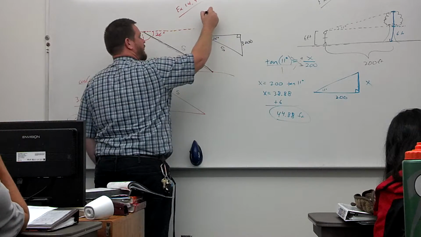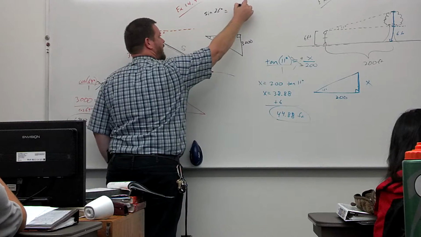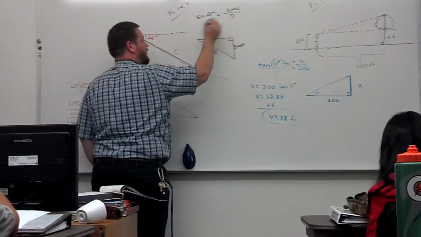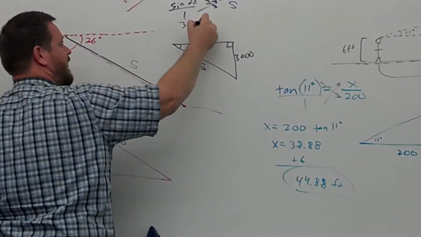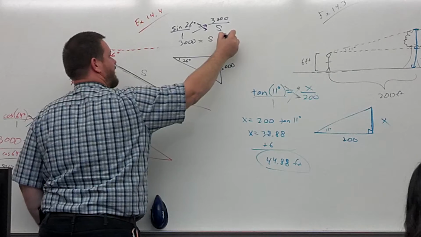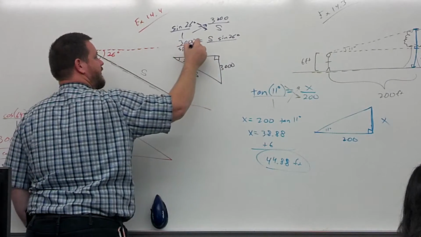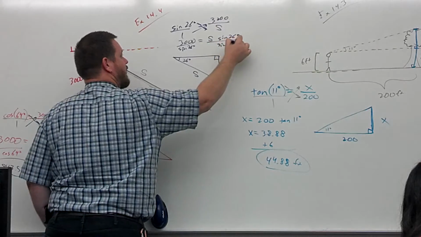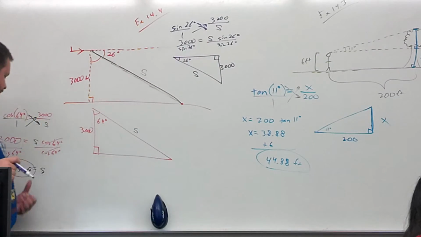So sine of 26 degrees equals the opposite over hypotenuse. Put this over 1, cross multiply. Now we have 3,000 equals S times the sine of 26 degrees. Divide both sides by sine 26. If you do 3,000 divided by the sine of 26 degrees, you should end up with the same answer.